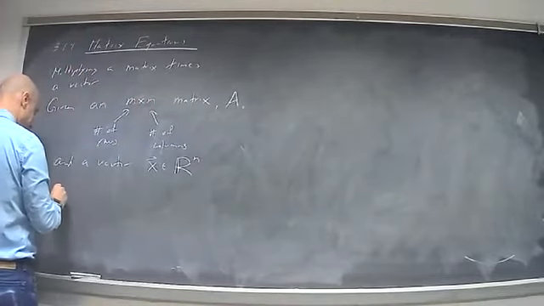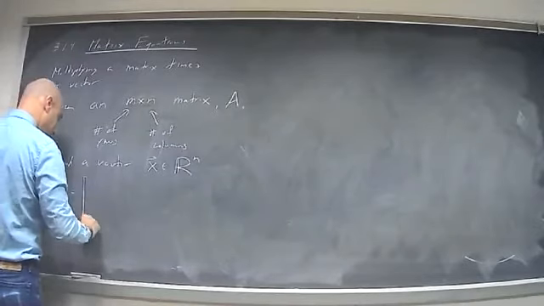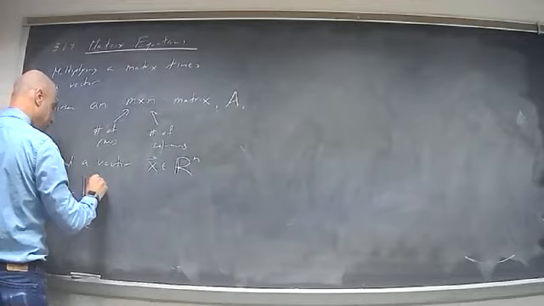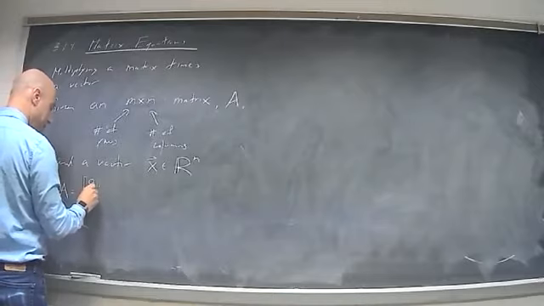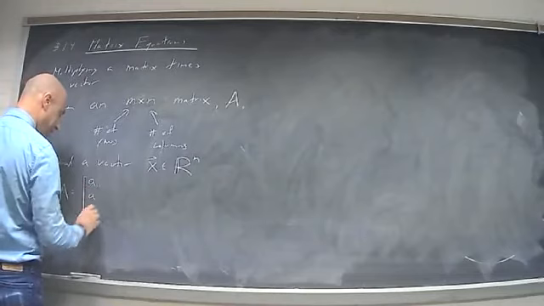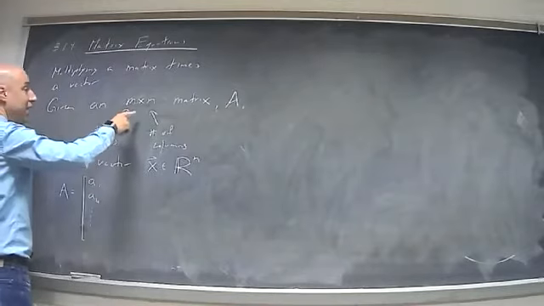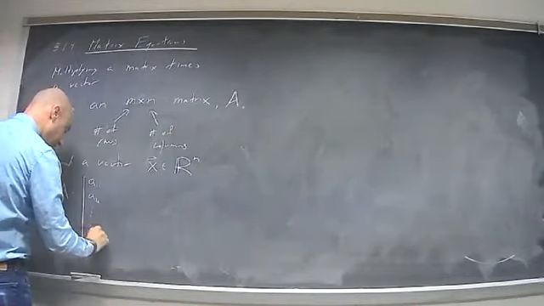So let's let A be the matrix. I'll call its first entry, the upper left-hand corner, A sub 1, 1. I'll call the entry immediately below it A sub 2, 1, all the way down to, we said this thing has m rows, so this will be A m1.